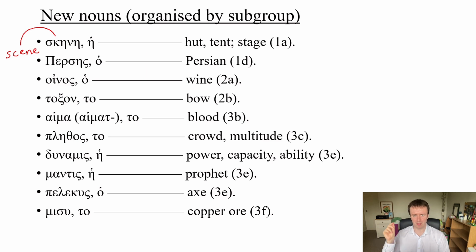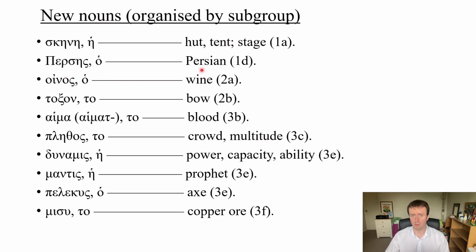Perhaps you could come up with some personal link where you remember that actors live in a kind of temporary dwelling when they're filming on set, you know. You could picture that as their hut or their tent, maybe. You can make that personal link to remember those other two meanings. The second one, Persai, means Persian. We know that it's got to be a proper name of some kind because it begins with a capital Pi.